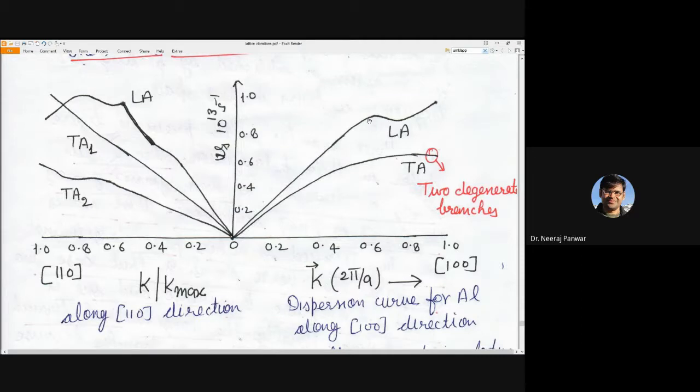Therefore, this one is the longitudinal acoustic, and the lower two branches, which are degenerate with the same energy, are known as transverse acoustic. But if we study the dispersion curves for aluminum along the 110 direction, now the two transverse vibrations will have different energy, and that's why we will have three branches here.